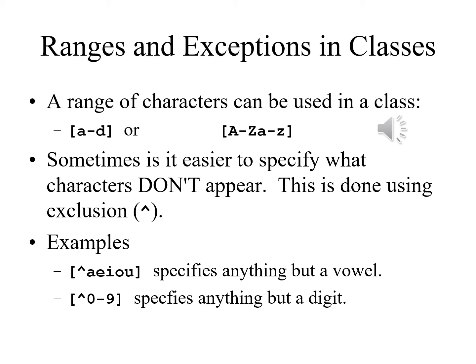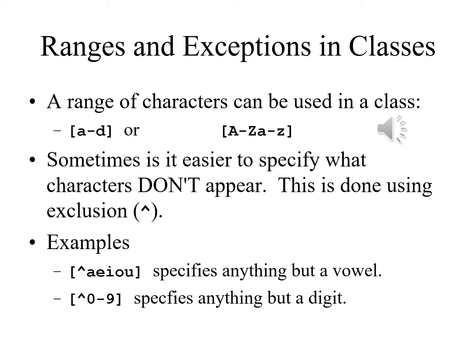But sometimes it's not as important to specify the characters that appear as the ones that don't appear. In some instances, that may be the smaller set. I can use the caret for that purpose. For those of you who are curious, that is when you press the Shift key and the number 6.